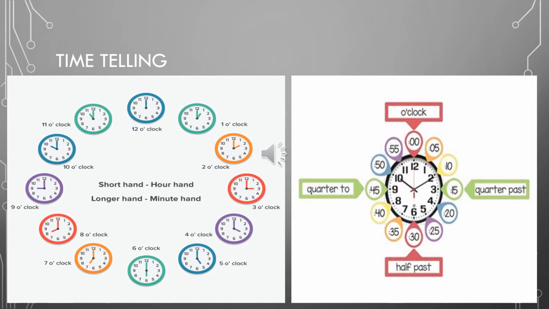What will it be? It will be 10. But we are writing 2 here. And 2 is going to illustrate to pass any hours. Where will the hour hand be? Done. Got it?